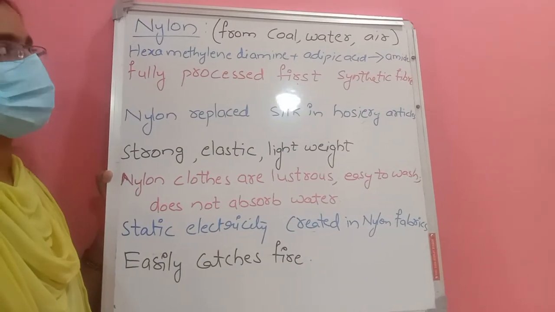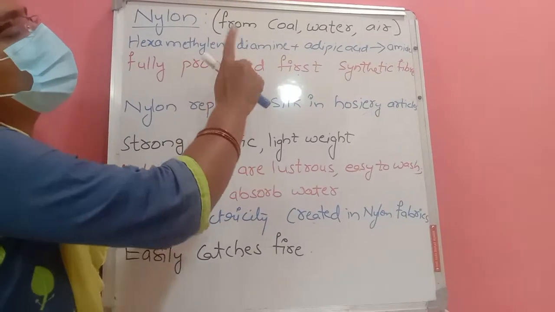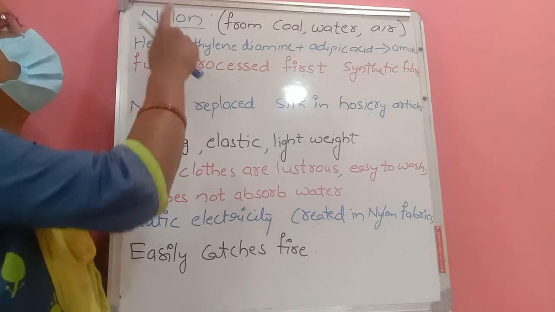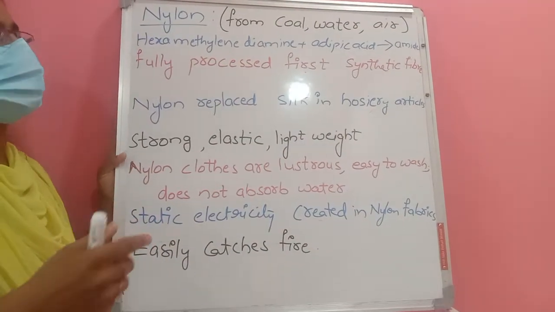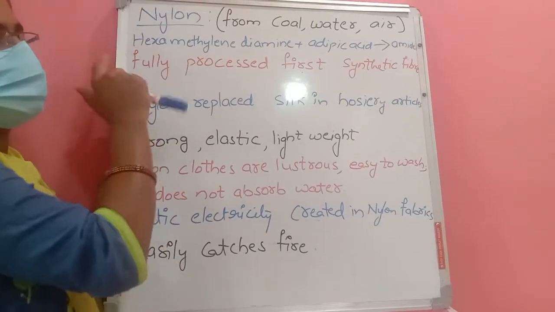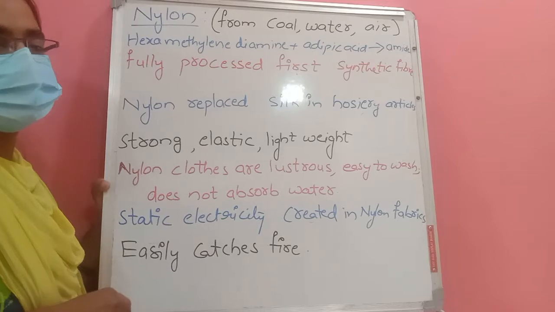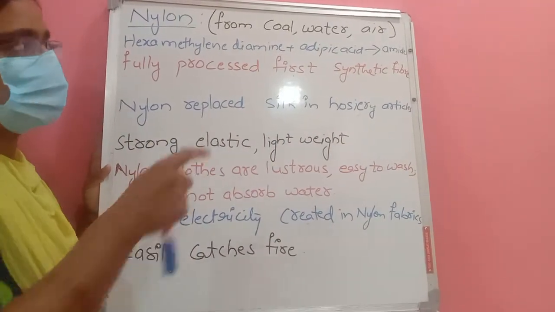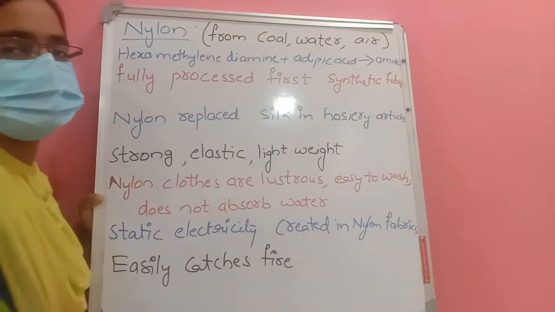The first synthetic fiber is nylon. This nylon is prepared from coal, water and air. In chemical terms, hexamethylene diamine reacts with adipic acid and gives polyamides.